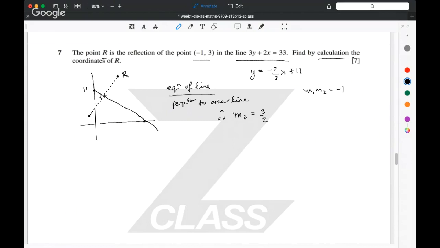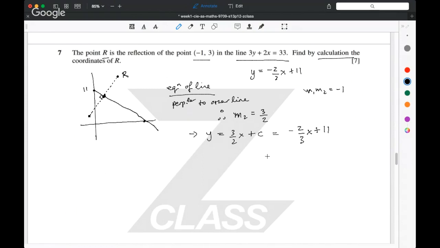And we know that they cross at some point. So the equation of the line currently is y is equal to 3/2 x plus c. And we know that at the crossing point, this is equal to the other line's equation, which is -2/3 x plus 11, because that crossing point will satisfy both these equations.